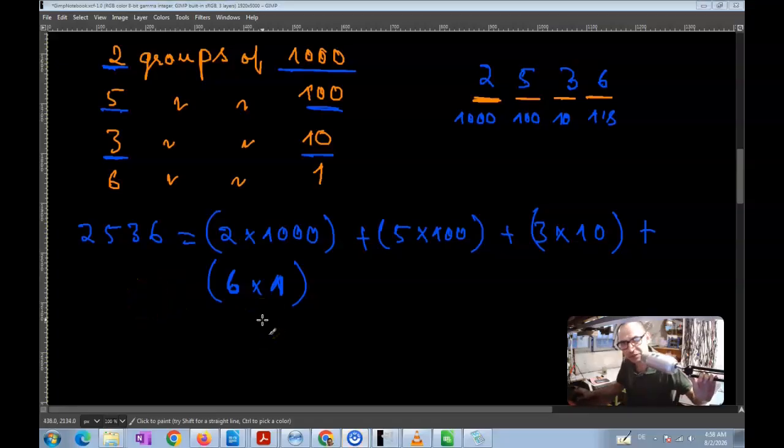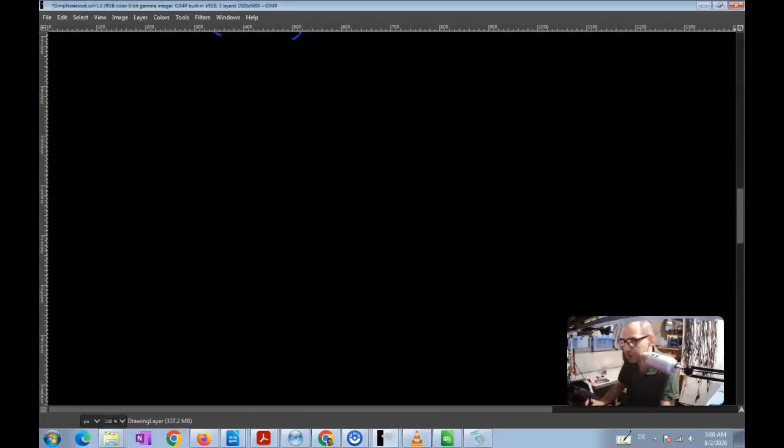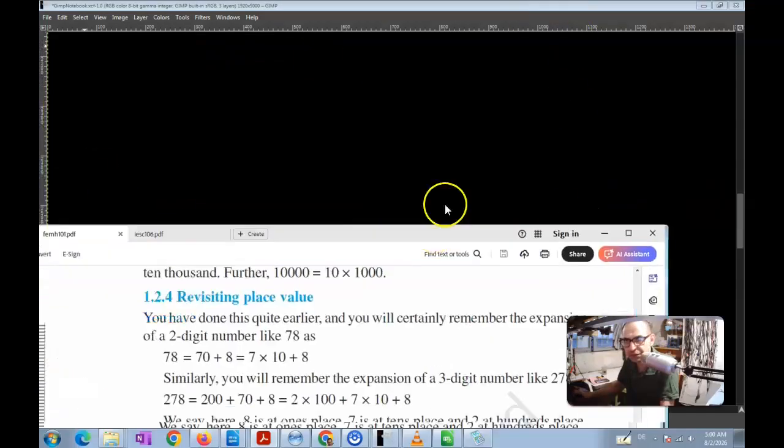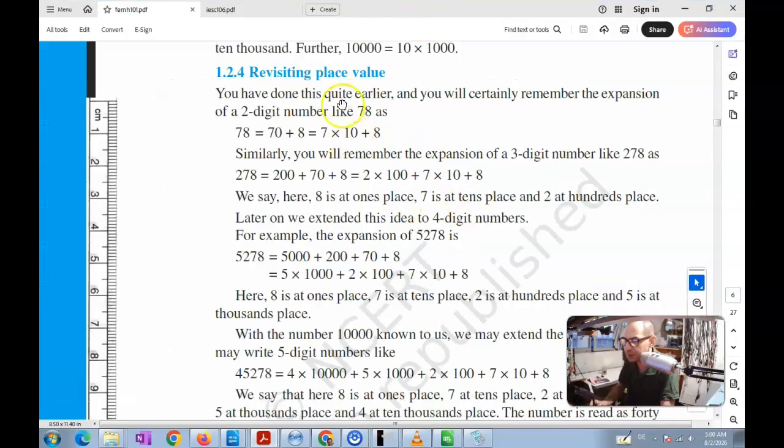Now this expansion of numbers has many kinds of applications, of course. Let's take a look at the text over here and see if there's something to discuss. So for example, here we have started with a 2-digit number. The 2-digit number is a 78, and so it is a 70 plus an 8, right?